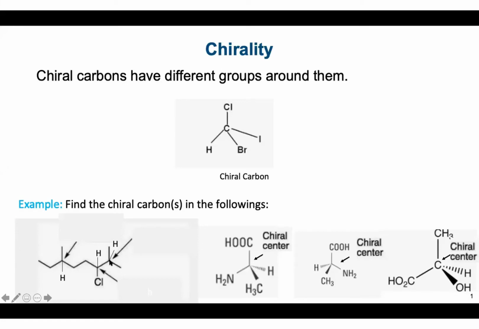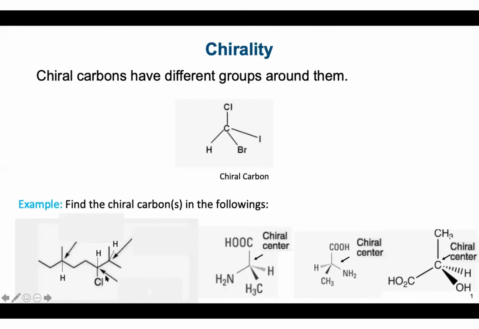You can see that in this center, you have one hydrogen, one CH3, another CH3, and another compound attached to it. So basically, this carbon is connected to 1, 2, 3, 4, 5, 6 other carbons.